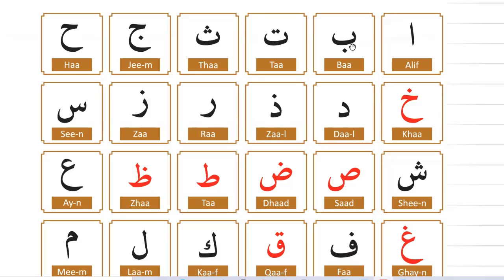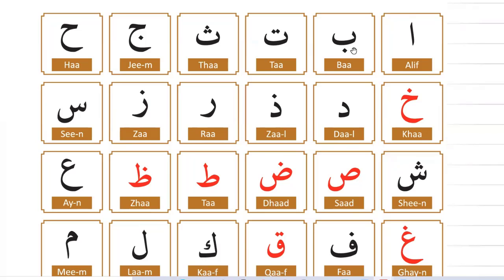Ba is like a boat with a dot at the bottom. And how you will pronounce this letter? Both your lips will touch each other, the wet part of your lips. If you look at your lips, there are 2 areas: the dry one where we put on our lipsticks, and the wet one.